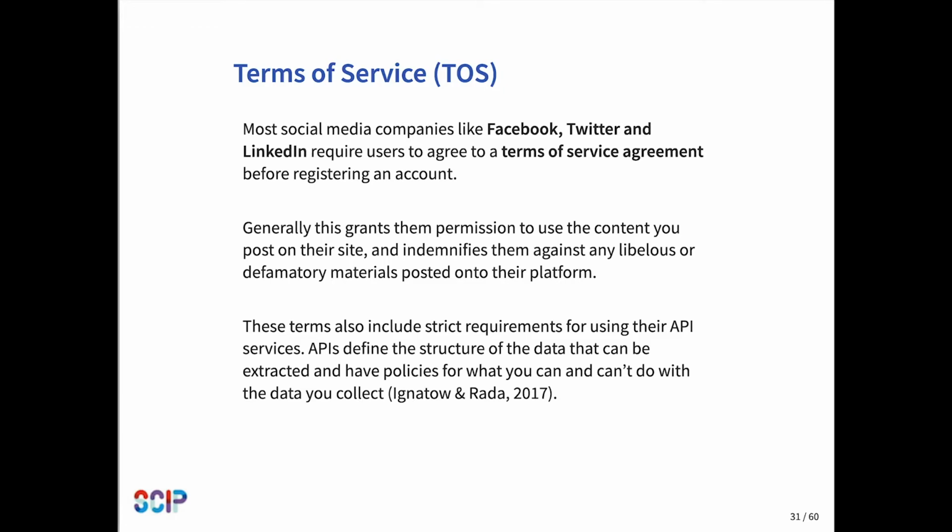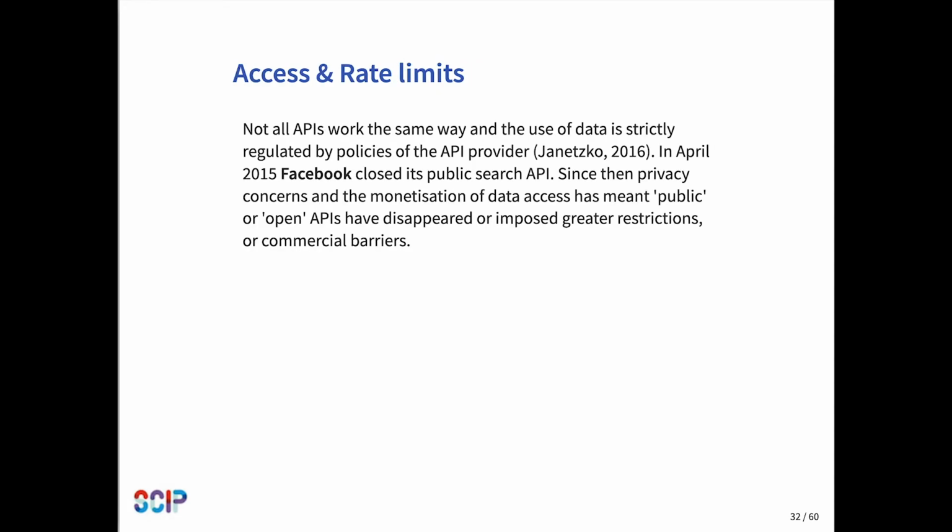Now, within the context of APIs, there's a different set of requirements, and those are that APIs define the structure that you can extract, but also the policies that they set in terms of what you can and can't do with that data. Importantly, not all APIs work the same way, and the use of data, as I mentioned, is strictly regulated by the API provider.